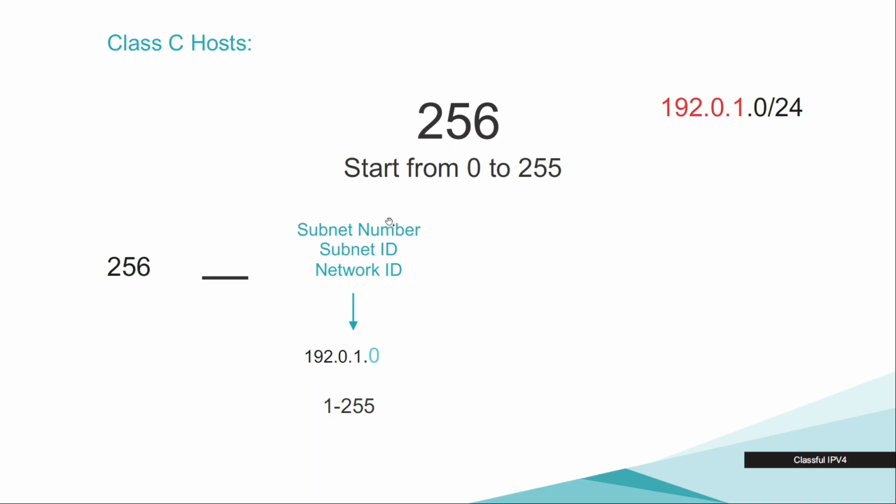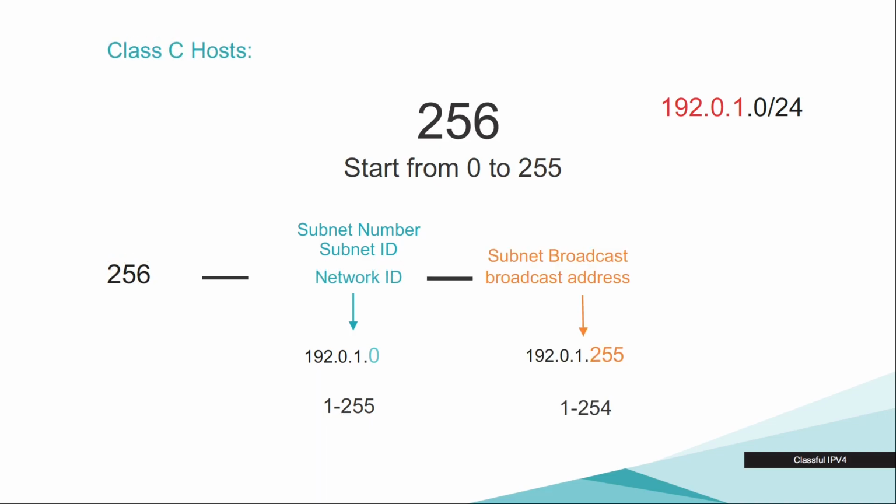So 256 minus 1, which is the first IP address. So the remaining IP addresses will be from 1 up to 255. The last IP address also cannot be assigned to any device, and this IP address will be the broadcast for this network. So you can call it the subnet broadcast or broadcast address.